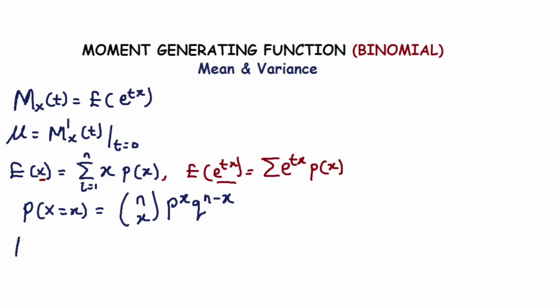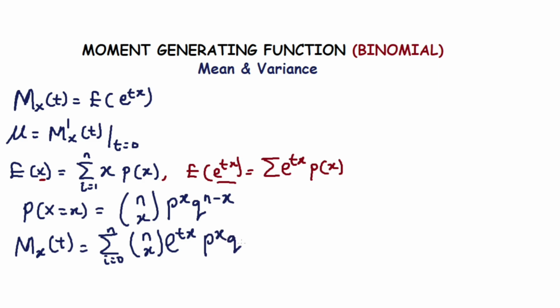Now our M_X(t) will be the expectation, which in turn is the summation from 0 to n of n combination x, e^(tx), then p^x, q^(n minus x).